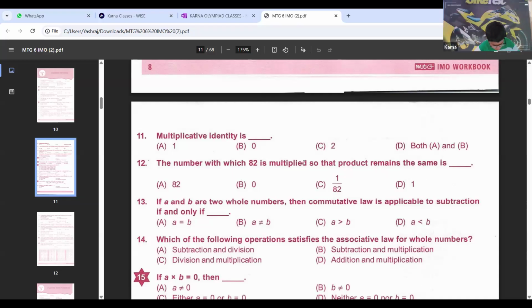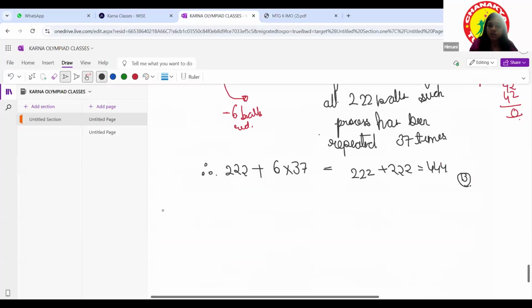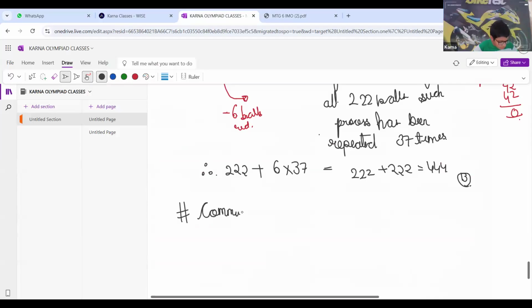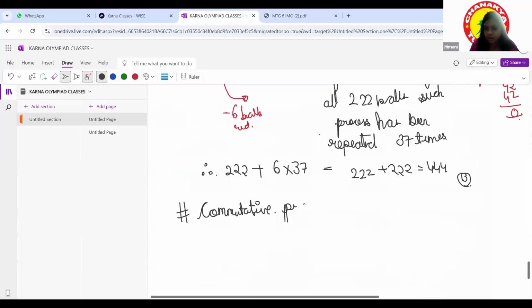Ma'am, multiplication. No, no. First tell me, what is the commutative property? Ma'am, commutative property is A plus B is equal to B plus A, for addition. 1 into 2 is 2 into 1. Right. So for multiplication and addition, it is applicable. For subtraction, see, what is the commutative property? Ma'am, for subtraction, A minus B is not equal to B minus A. Yeah, exactly.